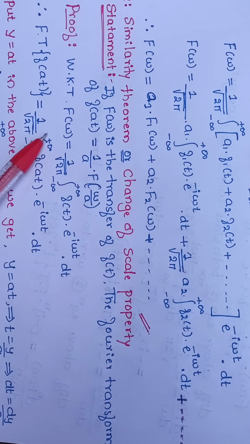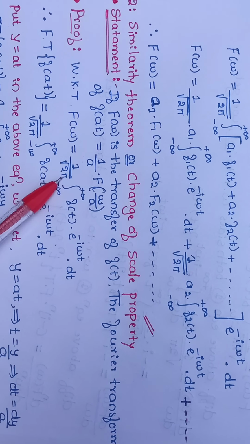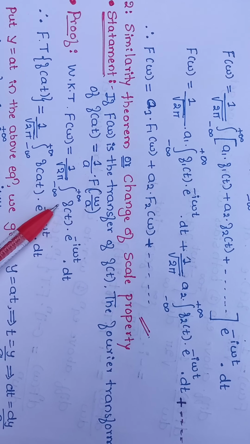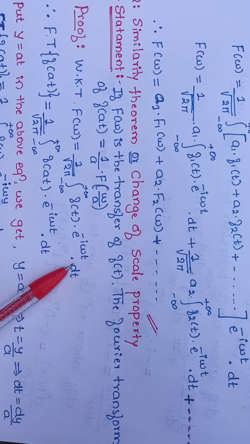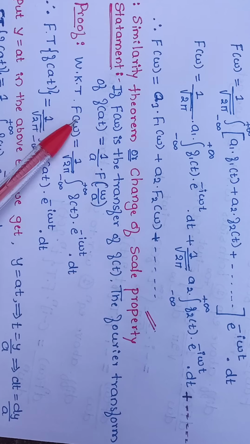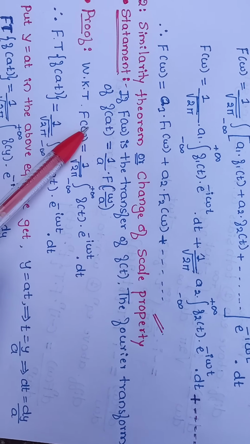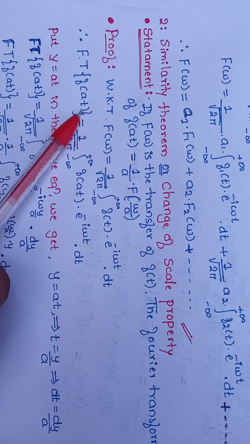We know that F of omega equal to 1 divided by square root of 2 pi into integration of minus infinity to plus infinity f of t into e raised to minus i omega t into dt. If F of omega equal to this much, F of omega is the Fourier transform of f of t. Then what is the Fourier transform of f of at?